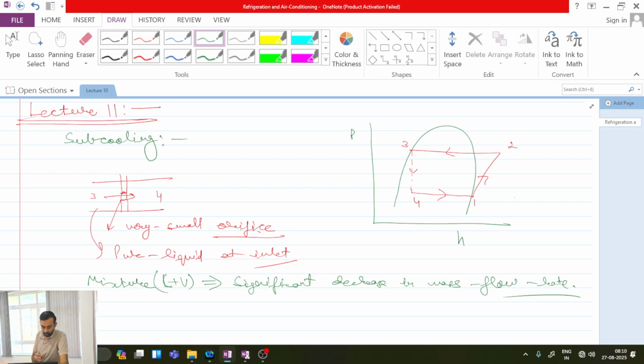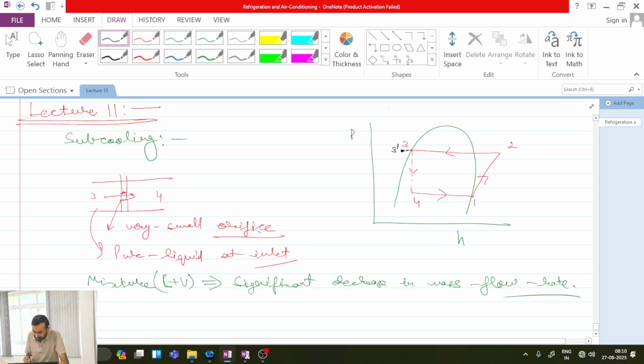For that, we design the condenser in such a way that instead of point 3 I end up somewhere at point 3 dash, which is even on the left side of the saturated liquid line.